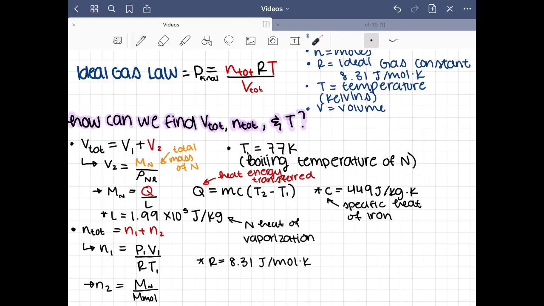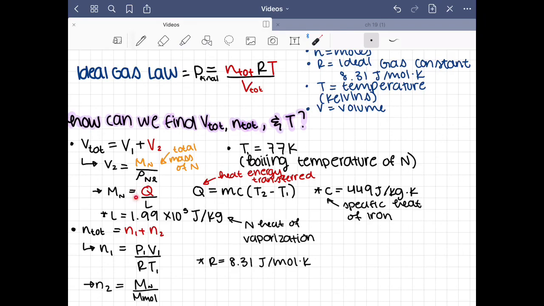But to find the final volume, V2, we could use this equation, which is the total mass of nitrogen divided by the density of the nitrogen. And to find this, we would have to use this equation.